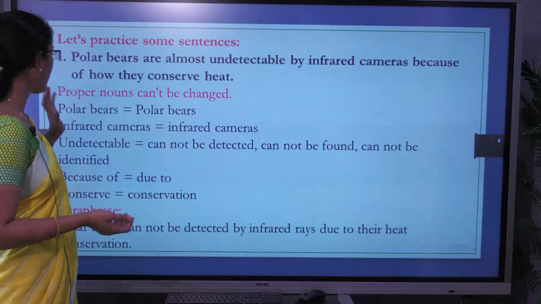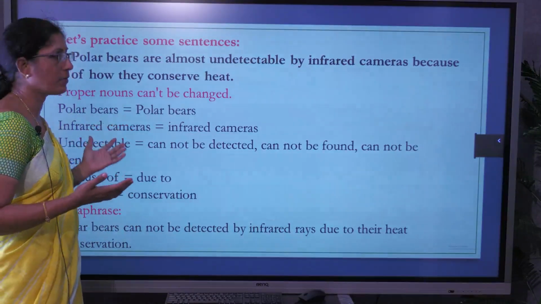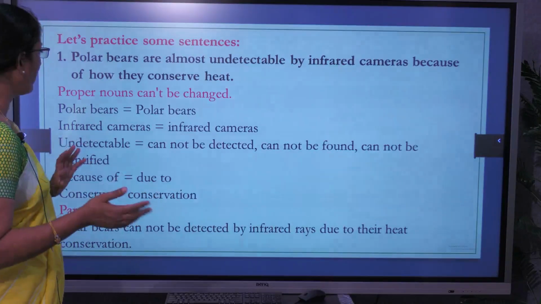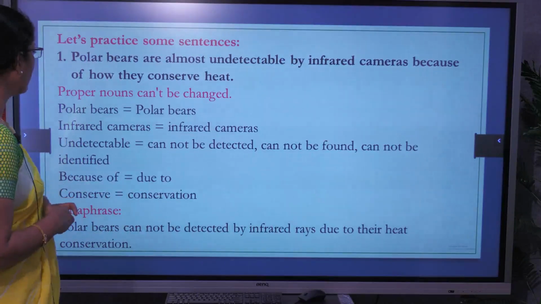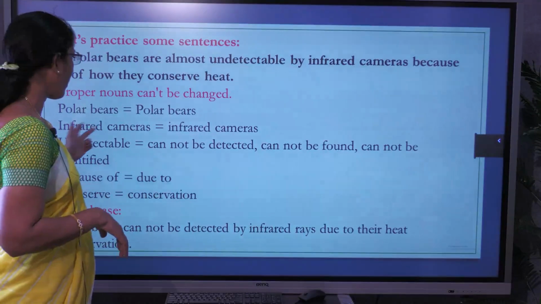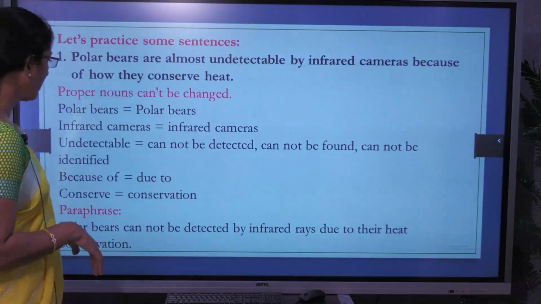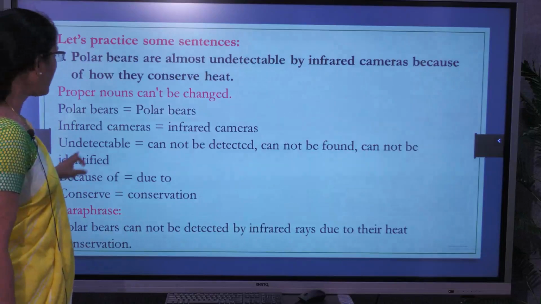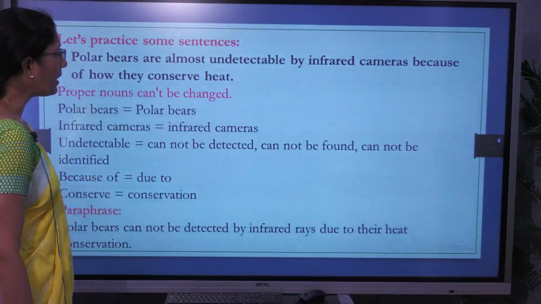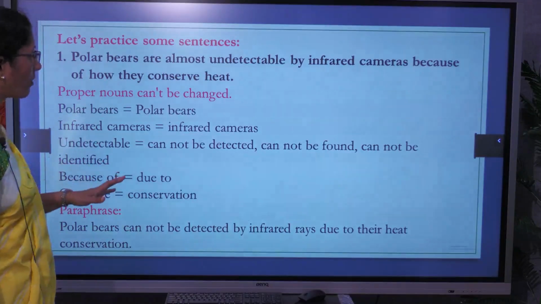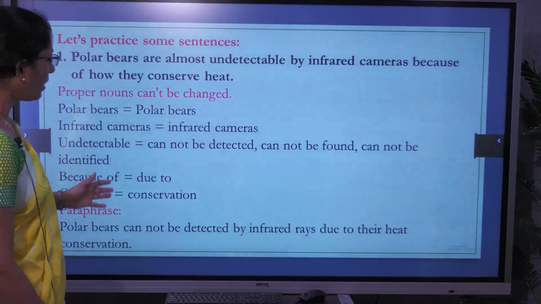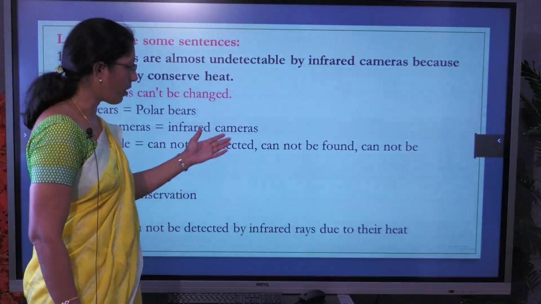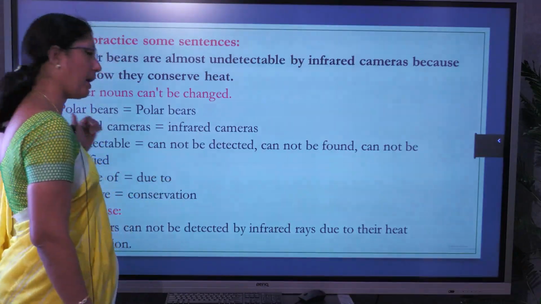So here, polar bears, we can't change that one. Okay, so infrared cameras, that also can't be changed. Next, undetectable. The other words for undetectable are can't be detected, or can't be found, or can't be identified.